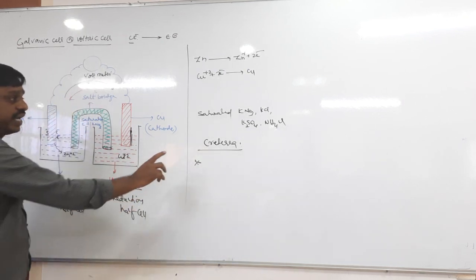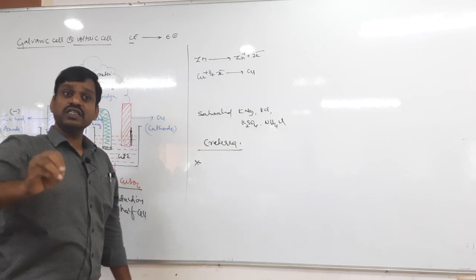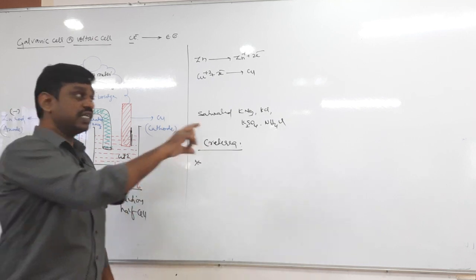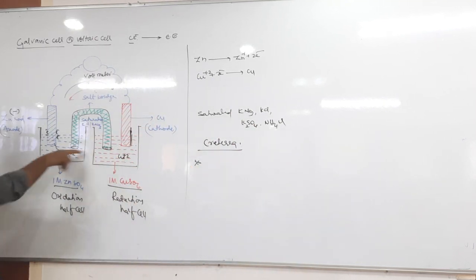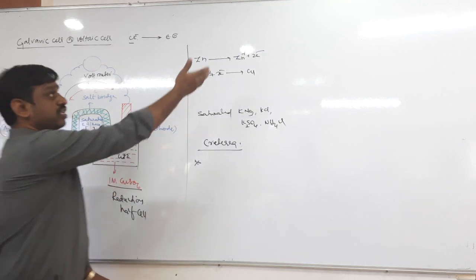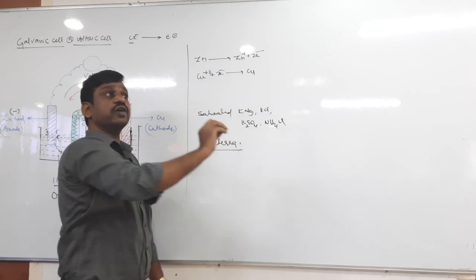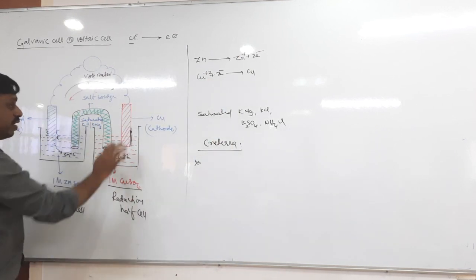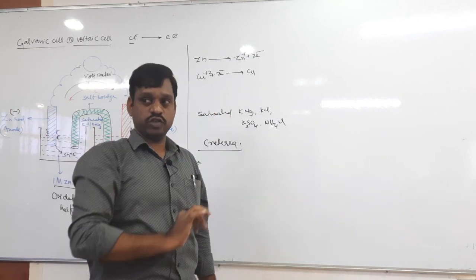For example, KCl is inert. Inert in the sense that it does not react with any other compound. K+ and Cl- ions do not interfere with the cell reaction; they do not react with Zn2+ or Cu2+. Therefore, the electrolyte taken in the salt bridge should be inert and should not interfere with cell reactions.